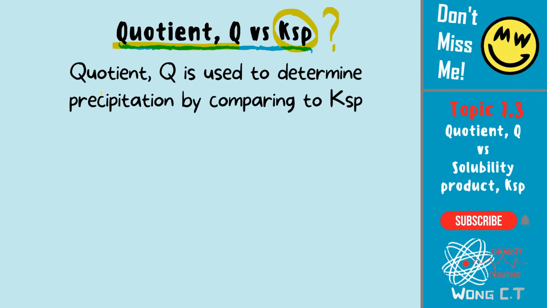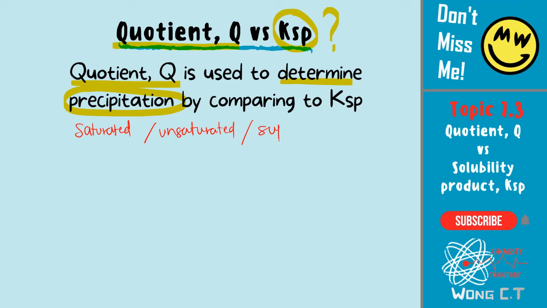Alright? So, why are we comparing the quotient Q with the KSP? Because we want to determine whether precipitation occurs or not. We want to check whether your solution right now is saturated, unsaturated, or a supersaturated solution. And we can check the type of solution at the same time as checking the precipitation.